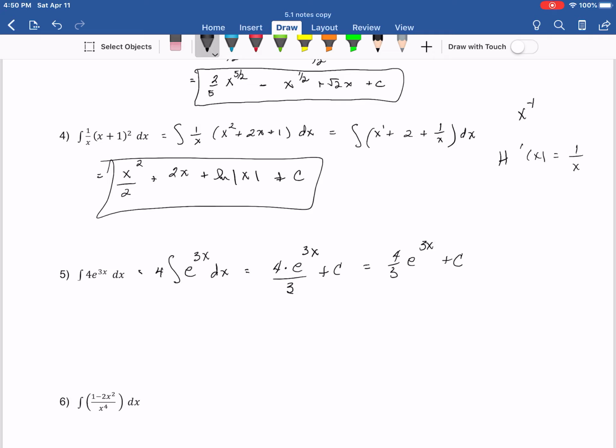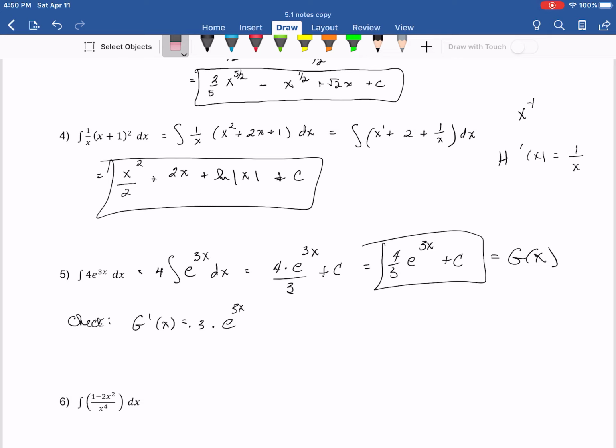And we'll go ahead and check this one since we haven't checked one for a while. We're going to call this g. All right, that's my family of functions, g, because it's got that plus c in there. So if I take the derivative of g, I'm going to check. Well, let's see. The derivative of e to a power is e to a power times the derivative of the power. But don't forget that we had 4/3 in front of that.